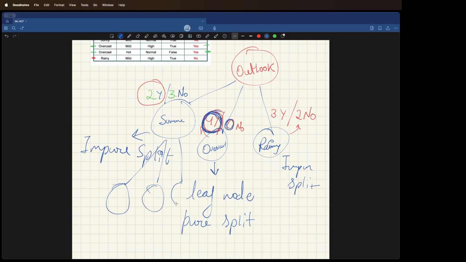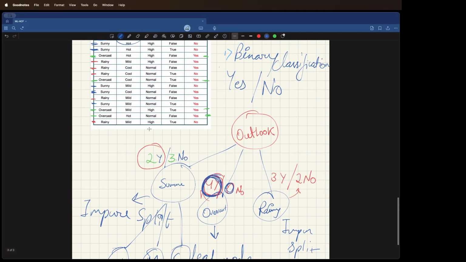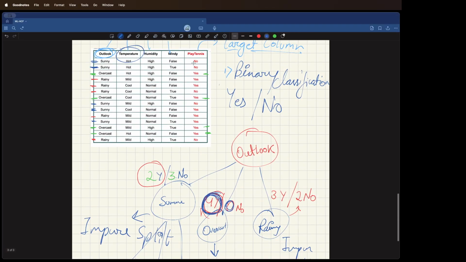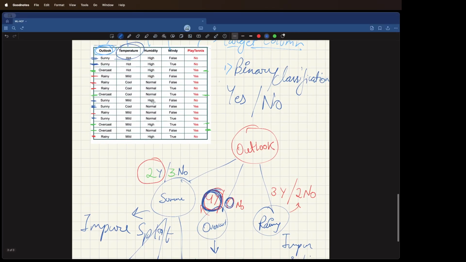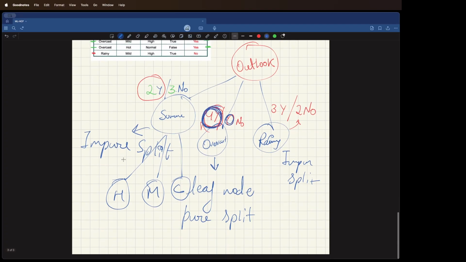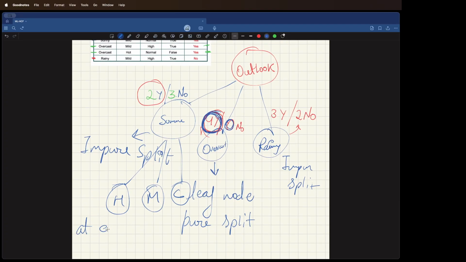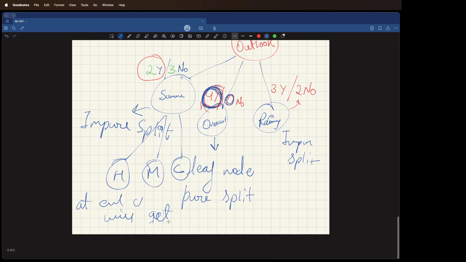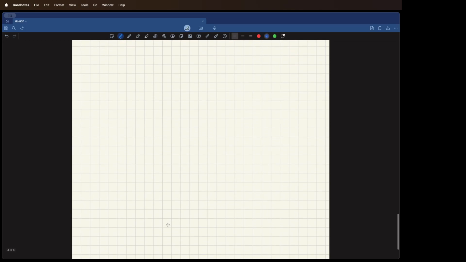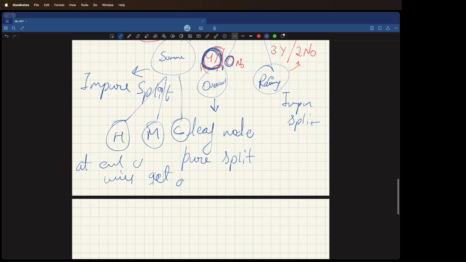Now the point is how many times he went for this, no no yes yes, both conditions. So until you get a leaf node at the end, you have to keep going until you get a leaf node. Is this clear guys?